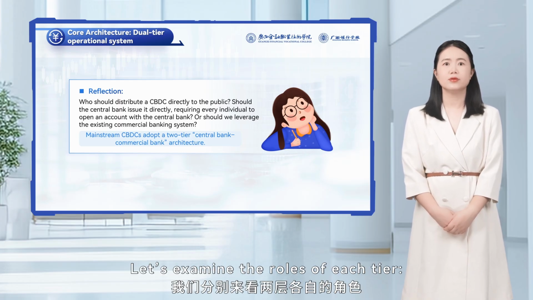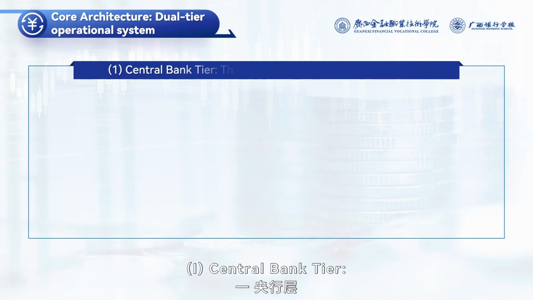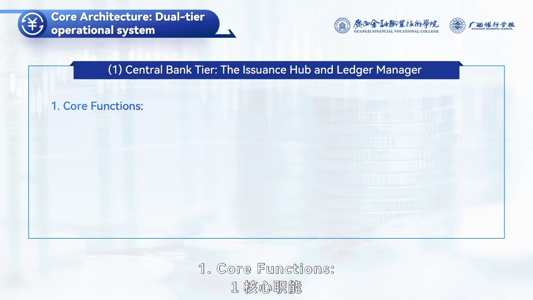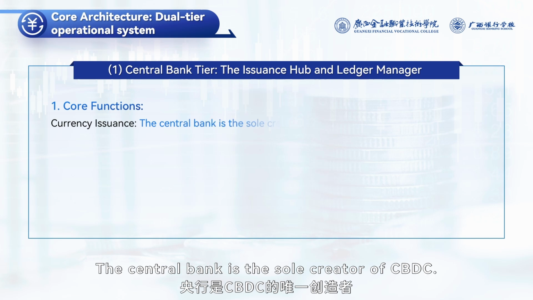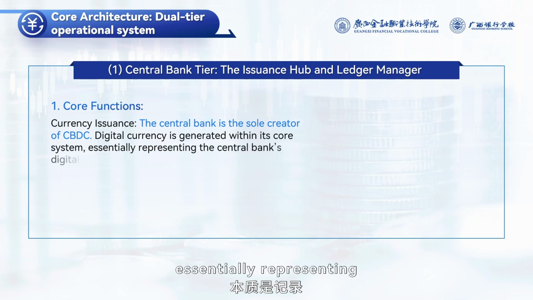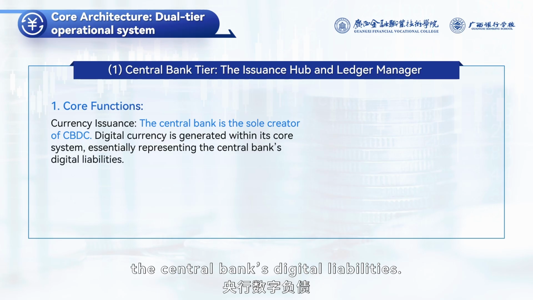Let's examine the roles of each tier. 1. Central bank tier, the issuance hub and the ledger manager. Core functions: currency issuance. The central bank is the sole creator of CBDC. Digital currency is generated within its core system, essentially representing the central bank's digital liabilities.